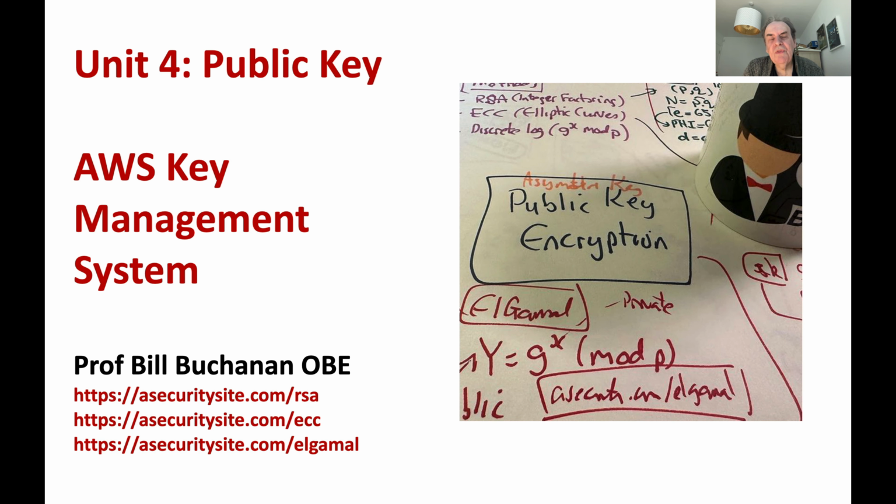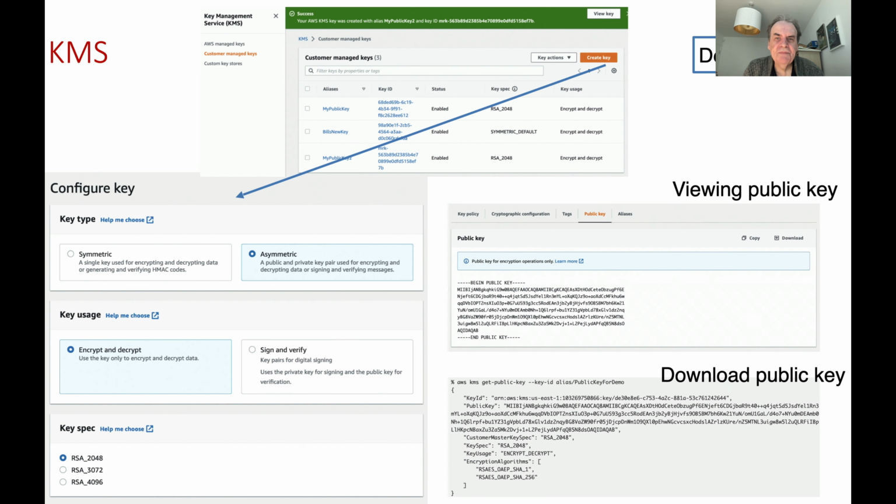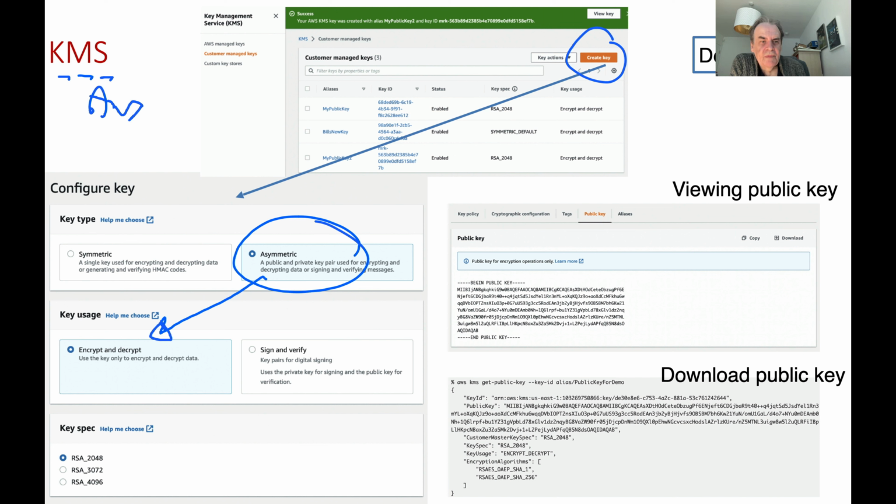Okay, so finally we'll look at how we manage our keys. So with this, we can use the KMS, or the key management system, in AWS, and this is us creating a key here. When we do that, we can create our public key or asymmetric key, and we either create keys for encryption, such as for RSA, or we could use signing keys.